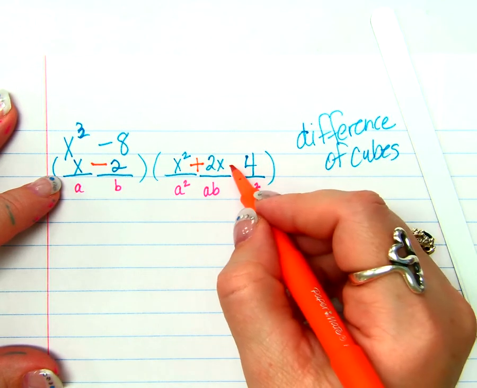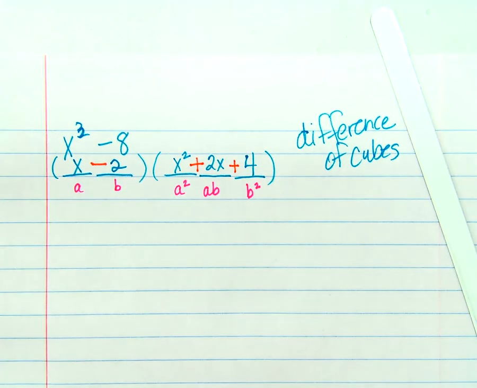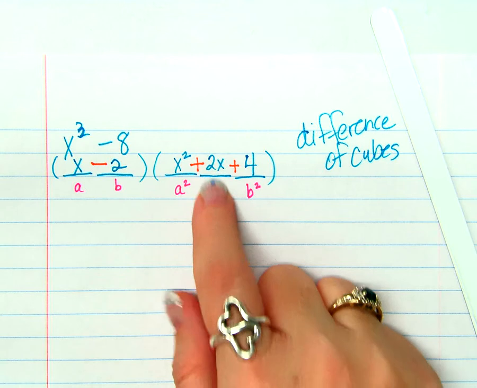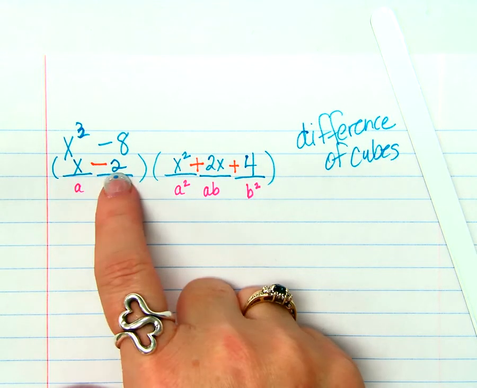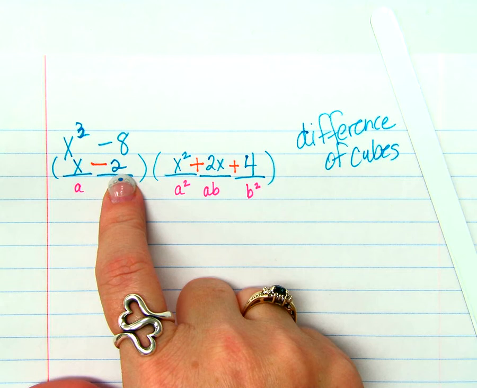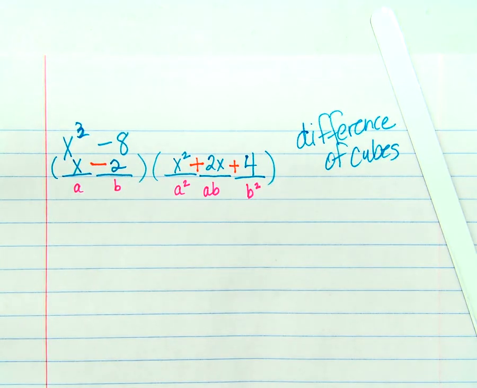And the last sign is always plus. Because see, if we put the signs in as we go, somebody please tell me what this middle term should be. What's A times B? Isn't that negative 2x? And that confuses people sometimes. So that's why I put the signs in at the end. Fair enough?